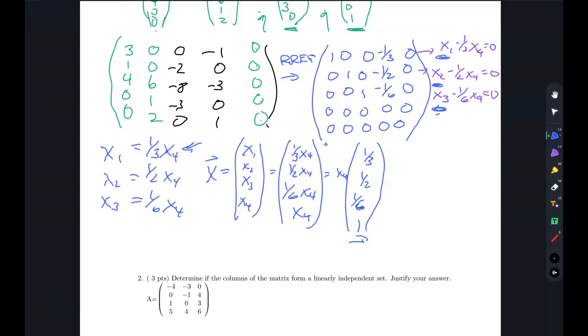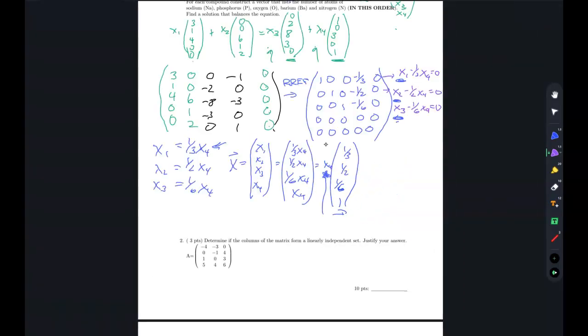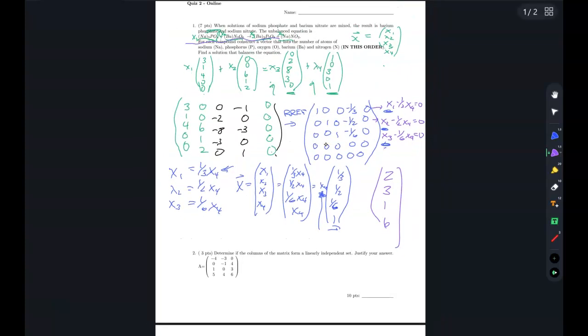So that means I could multiply this vector by 6, or any number, right? That's what the x sub 4 means. You can multiply it by any number. So I'm going to take this vector, and I'm going to multiply it by 6 to get 2, 3, 1, 6. So the answer would be the balanced equation.